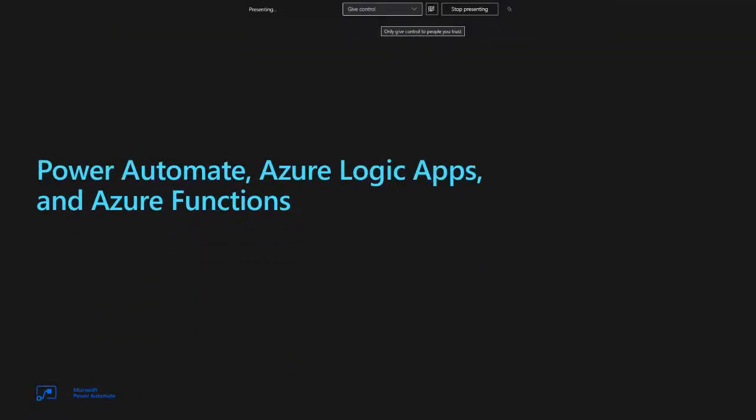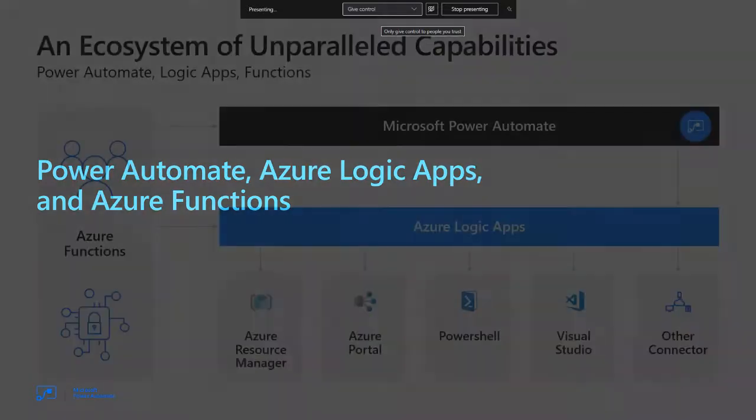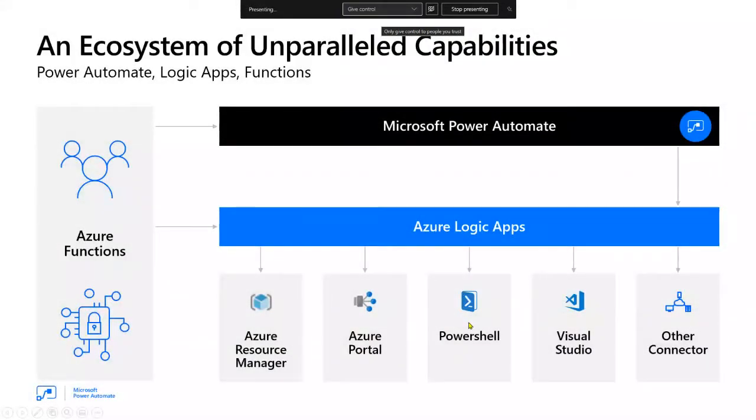Now, I think I mentioned that Power Automate is an abstraction of Logic Apps and Azure Functions, and essentially, you can use your favorite Visual Studio or PowerShell scripts or the Azure Portal, Resource Manager, and really use Azure Logic Apps and Power Automate to automate even your dev environment. So if you want to automate something that you do dev-wise using Power Automate, you can do that, or use Azure Logic Apps.